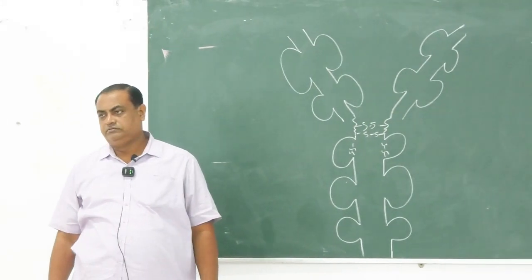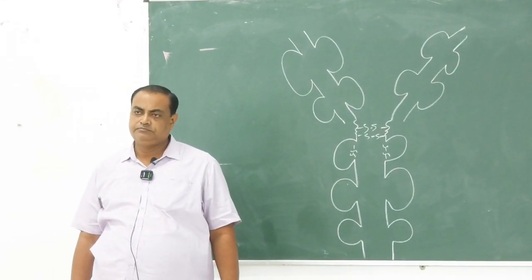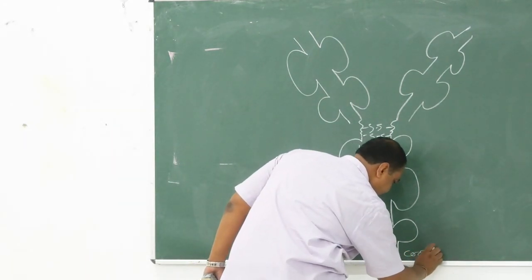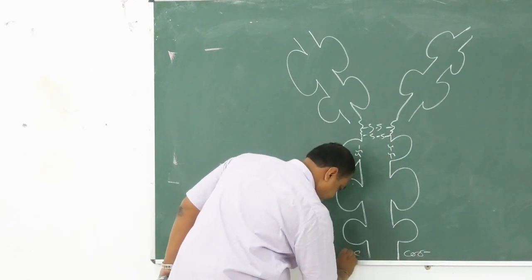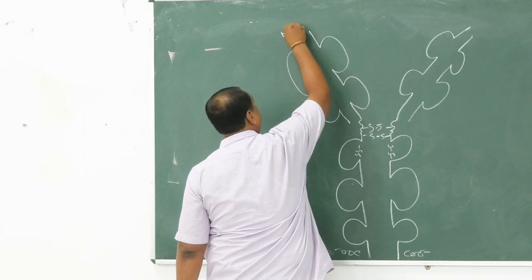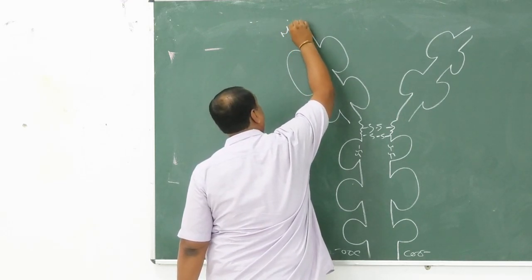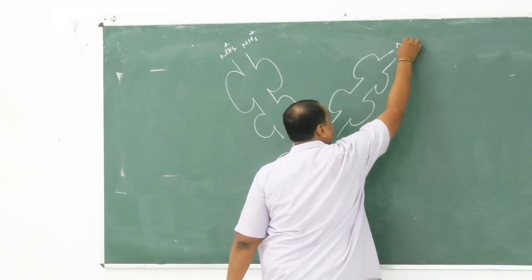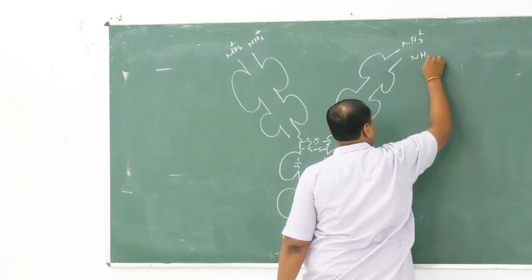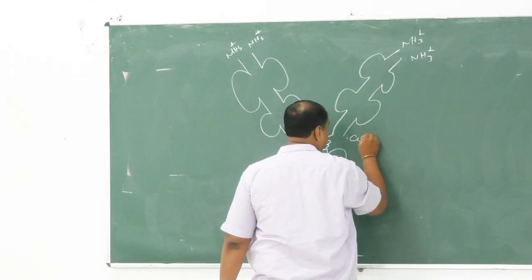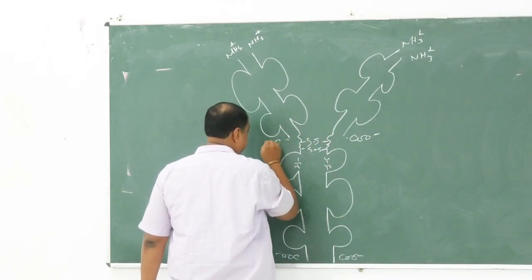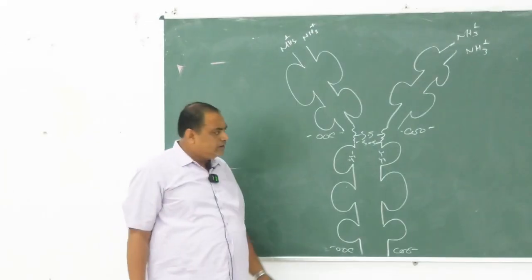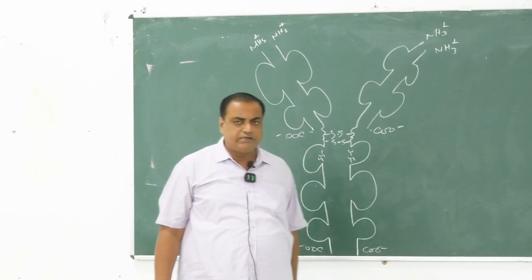You have to draw this structure. There is no other way. Now this is the C terminal, and this again is the C terminal. Now you see that I have drawn 3 domains here and 2 domains there.